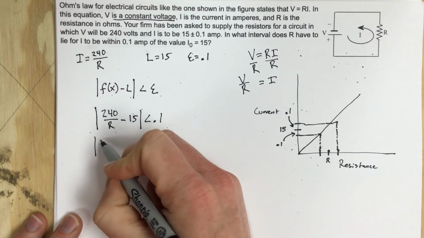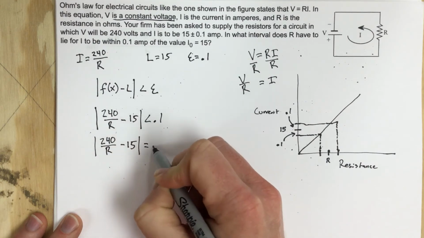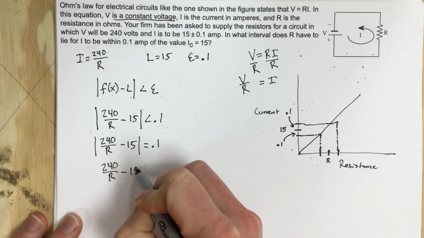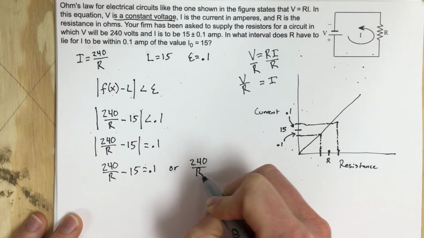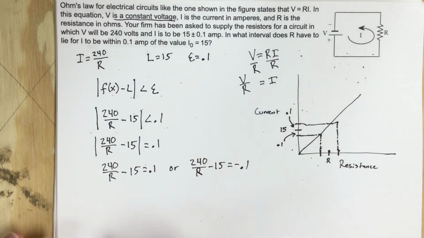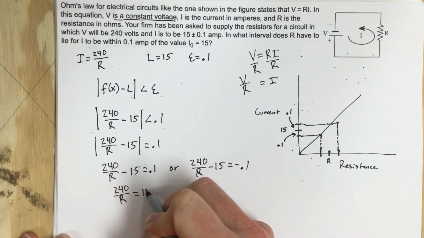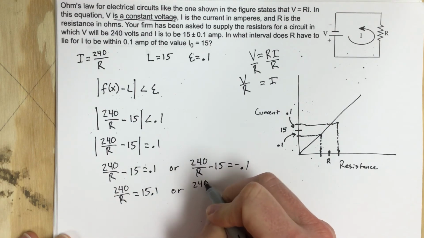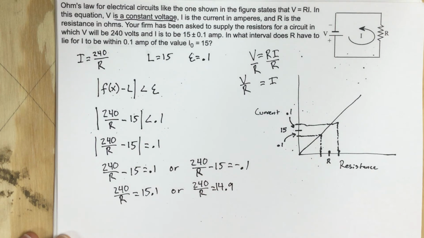So I'm going to start by saying 240 over R minus 15 is equal to 0.1. And then I'll say 240 over R minus 15 equals 0.1, or 240 over R minus 15 equals negative 0.1. We add the 15 for each of those, we get 240 over R equals 15.1, or add the 15 there, we get 240 over R equals 14.9.